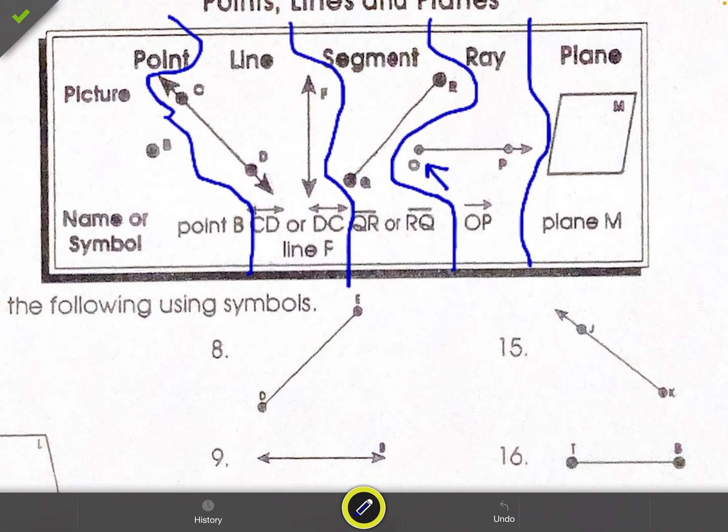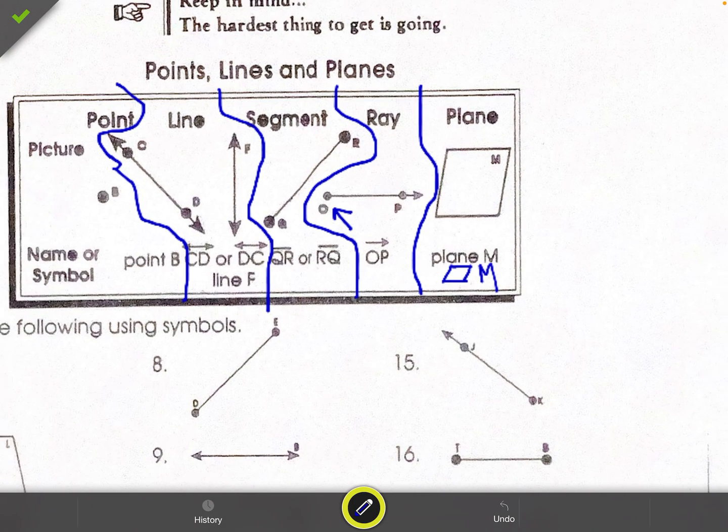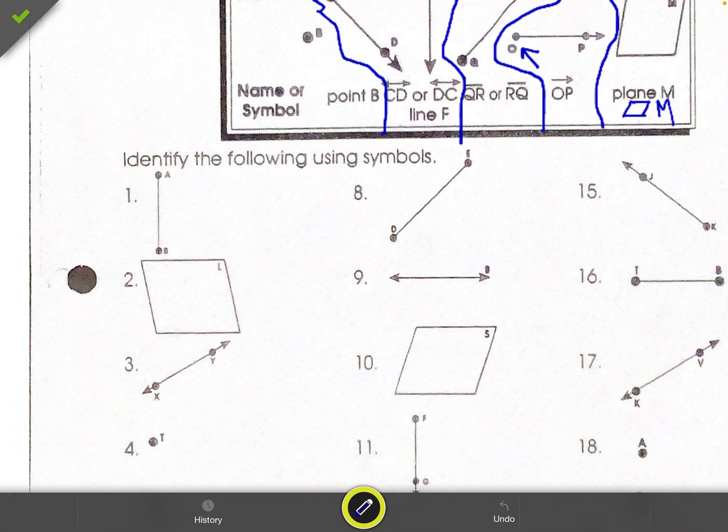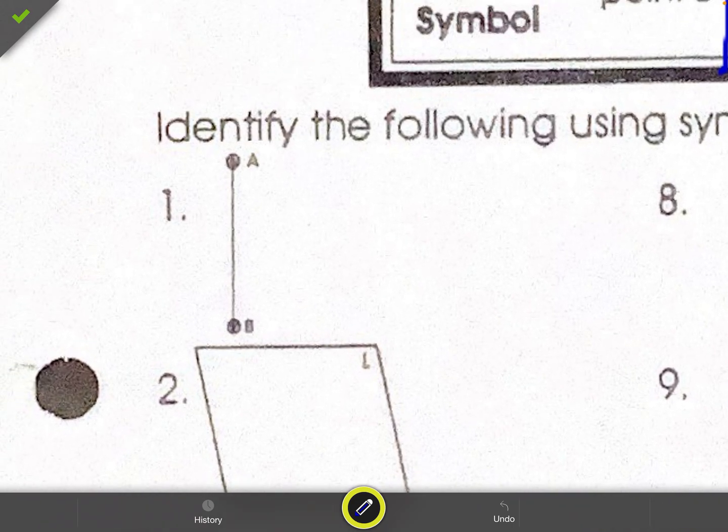And remember, we also said with plane M, you could use the symbol, which is a small version of a plane, and M. All right, so let's just get into this. Identify the following symbols. So we look at number 1. It starts and it stops, so that would be a segment. So there's my symbol for segment.